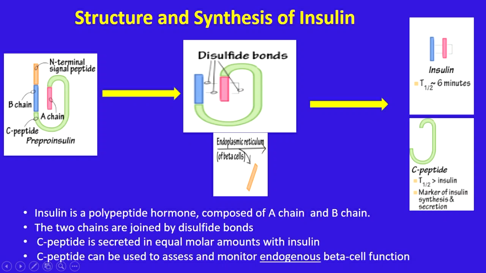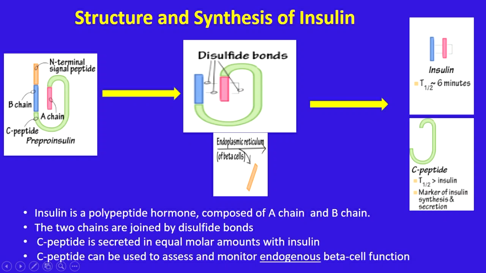Before it's released, they cut off the C-peptide, and the remaining part is the alpha chain and beta chain, combined by the disulfide bonds. Only the alpha chain and beta chain of insulin are the physiologically active part, and the C-peptide has no physiological function anymore, but it has a much longer half-life, so it's stable in the blood.